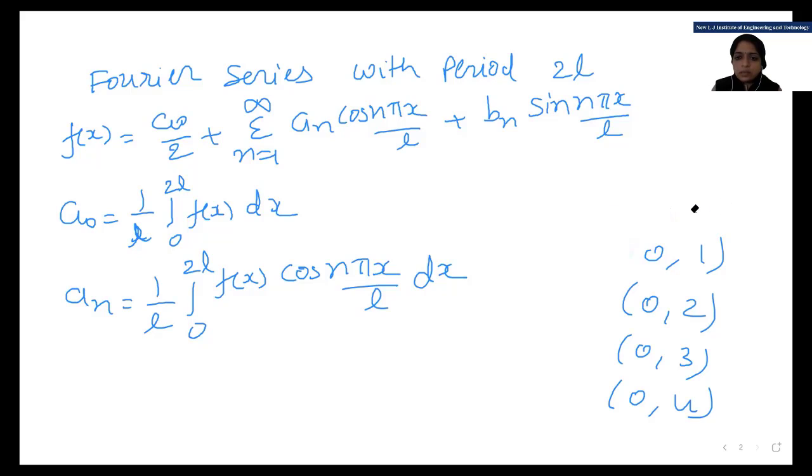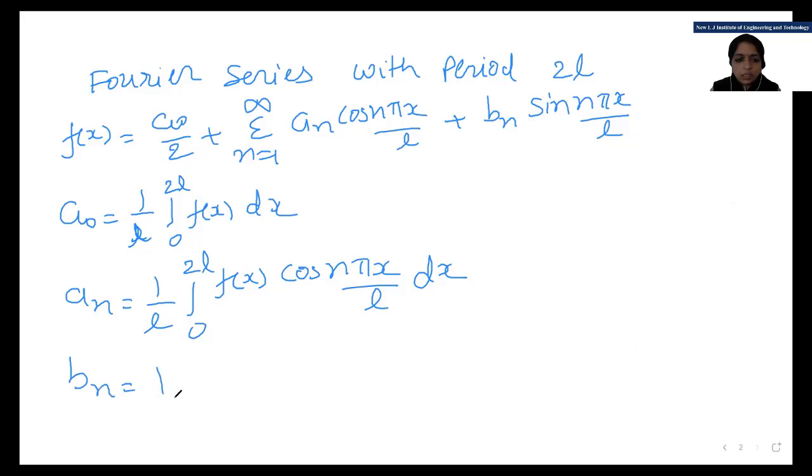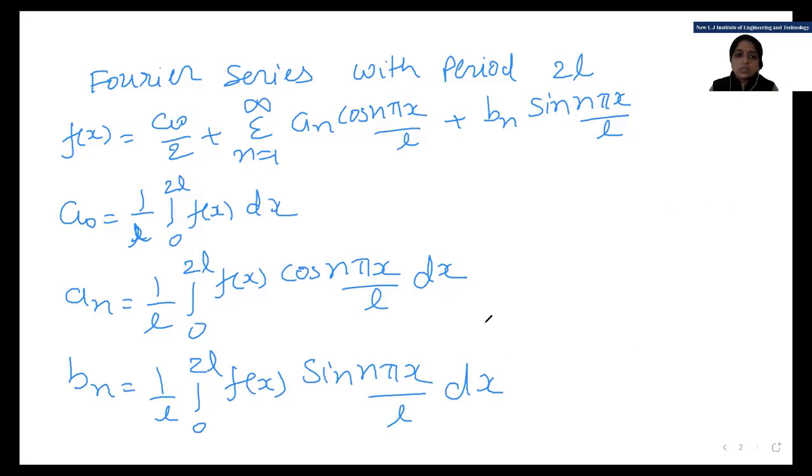Okay. So for Bn, the formula is 1 by L integration 0 to 2L, f of x sin n pi x by L dx. Okay, so now clear? Have you any query for this formula?